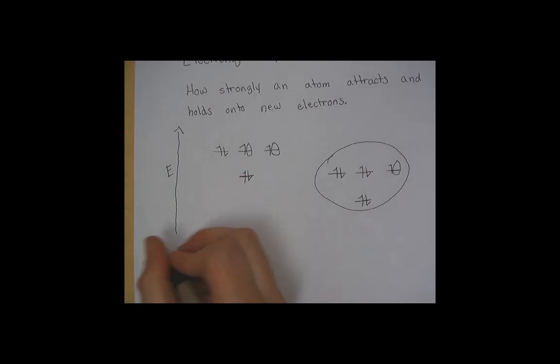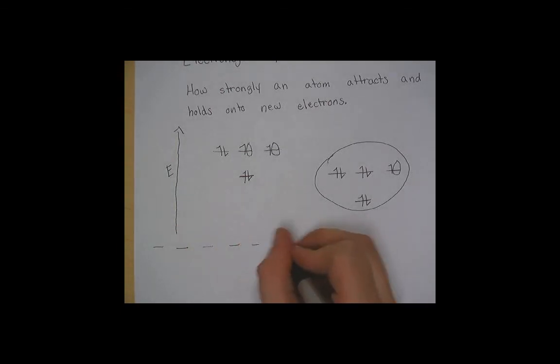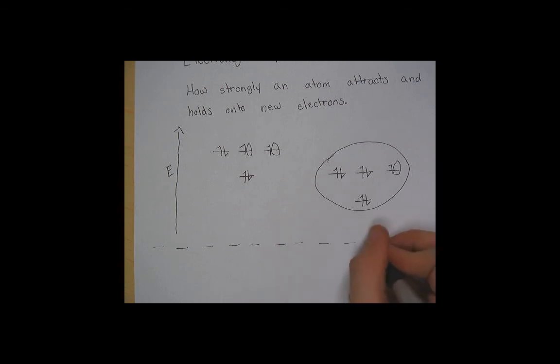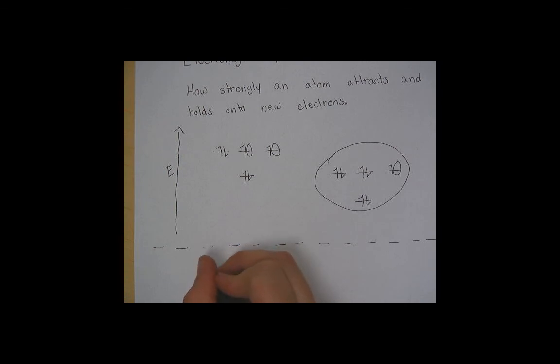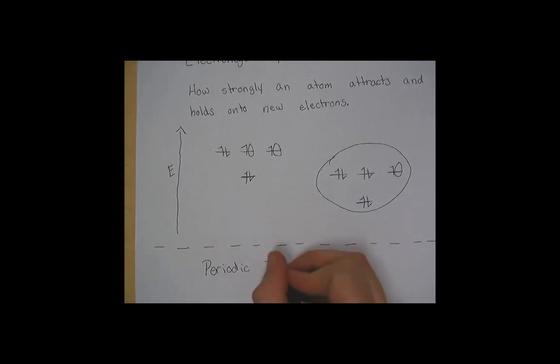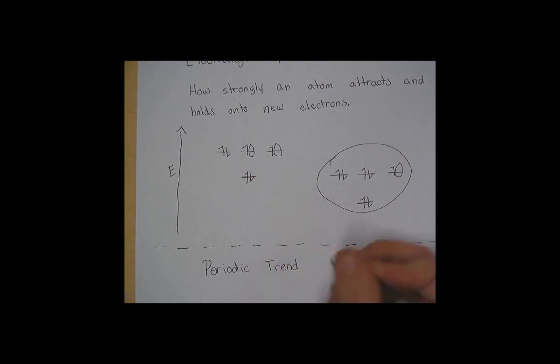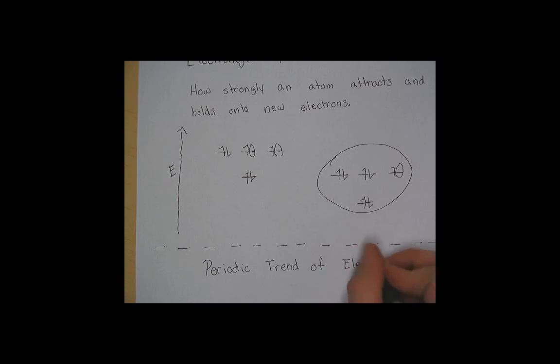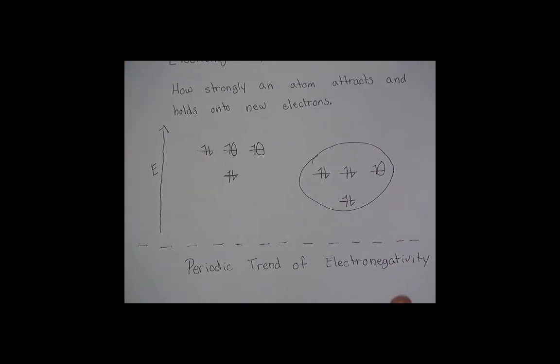Now, fortunately, we don't have to draw energy diagrams every time we want to compare the electronegativity of two different atoms. Instead, there's actually a periodic trend of electronegativity. I almost ran out of space there.